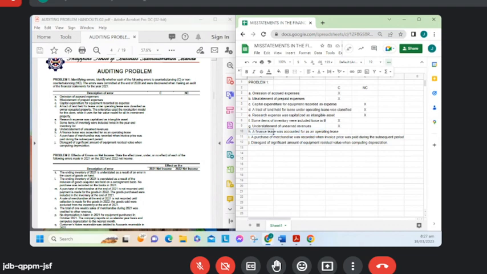Okay, letter H, a finance lease was accounted for as an operating lease. So what does that mean? The entity was recording expenses when the rental payment is made, or when the rent is incurred.